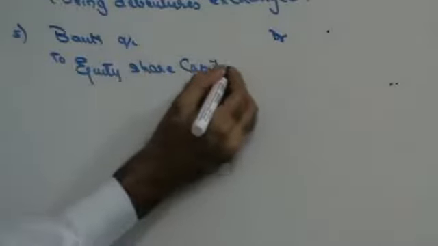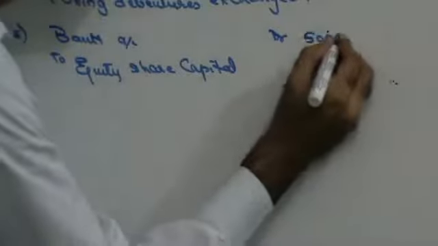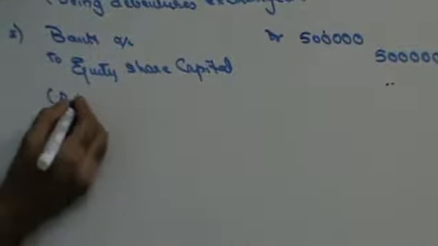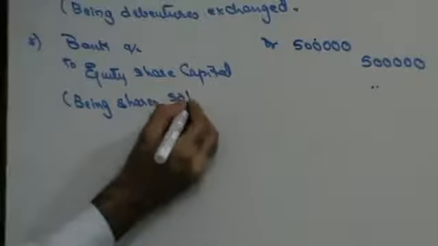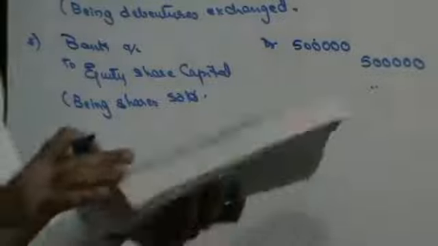You are selling shares to equity share capital. You are selling shares of 5 lakh rupees. Being shares sold. Right? Do you get this thing here?